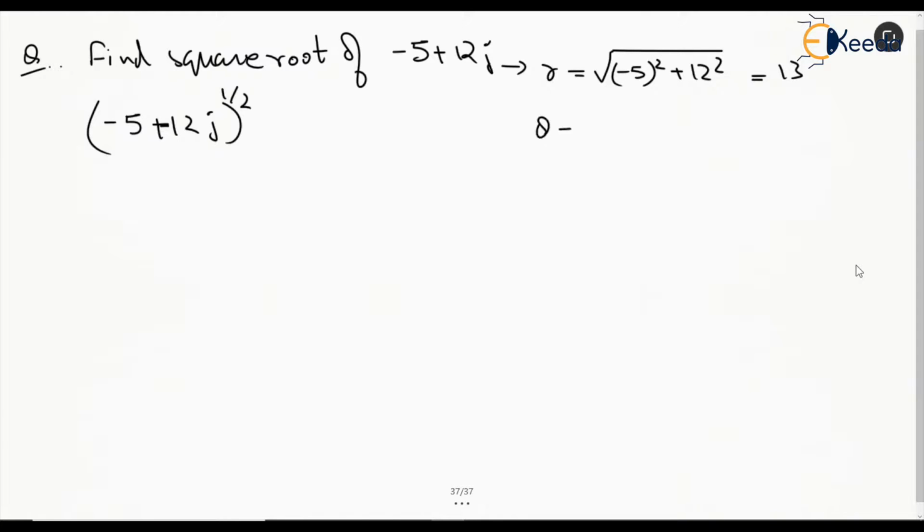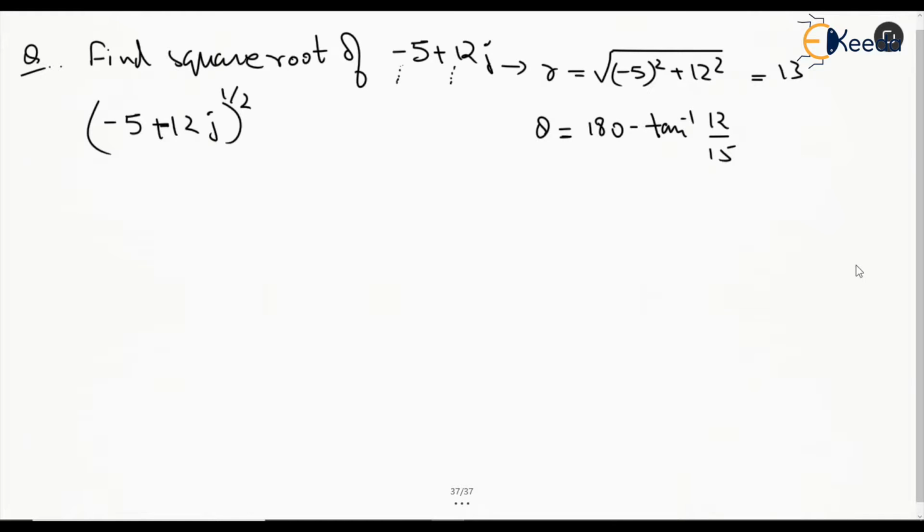The argument will be, you can see that the real part is negative and the imaginary part is positive. So we can say it is 180 degree minus tan inverse of 12 by 5.